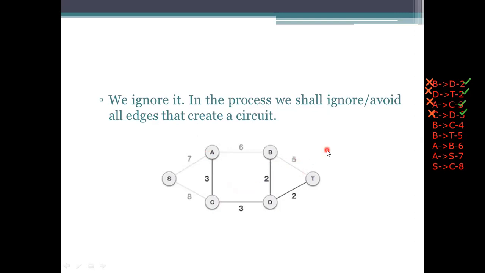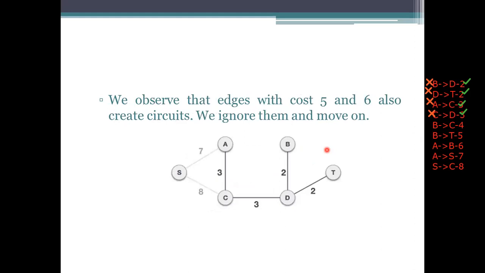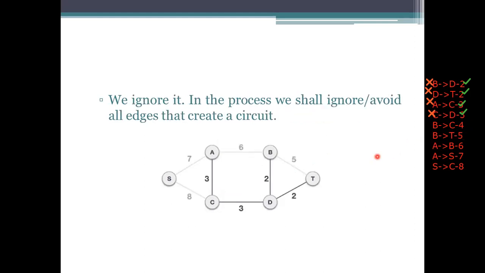Coming to the next one, go for step 3 and repeat step 2. The next edge cost here is 5. We need to see whether it will be used or not. Here also it performs a cycle, so it is better to avoid this edge and this edge here.